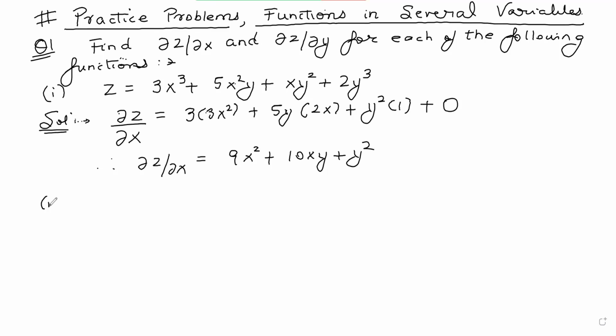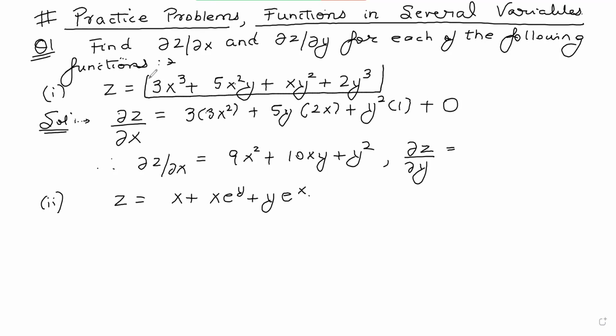Let's also quickly find del z by del y for the first function, because the question asks us to find both. If I partially differentiate with respect to y, I treat x as a constant.